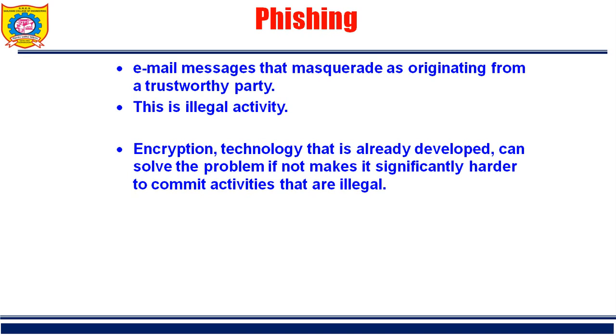So you have to work with a trusting authority, a third-party trust, where we have to trust that the message I received originated from A. This comes under illegal activity.